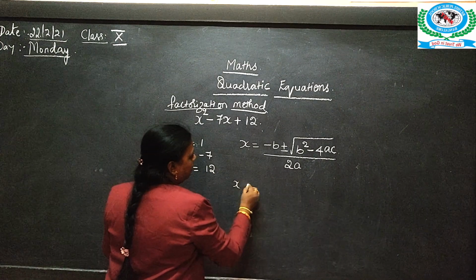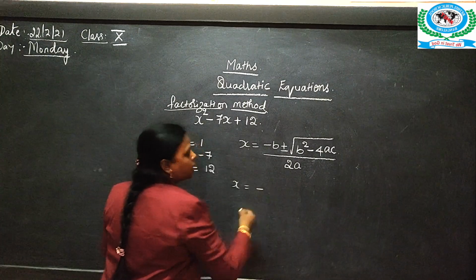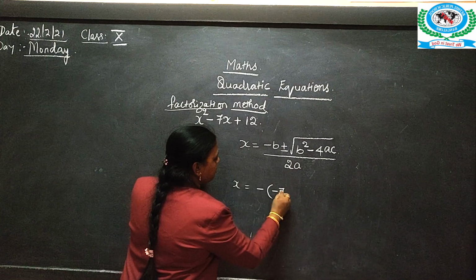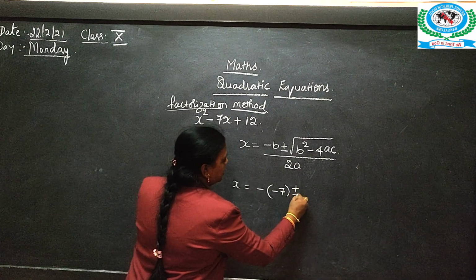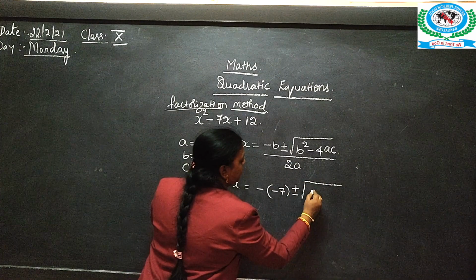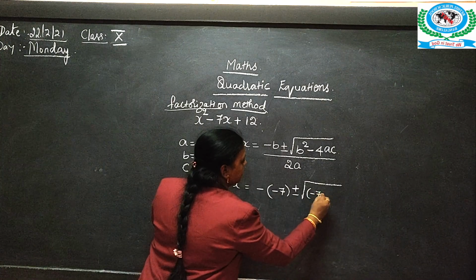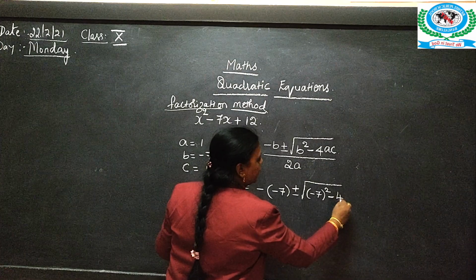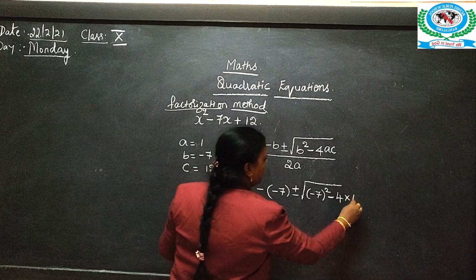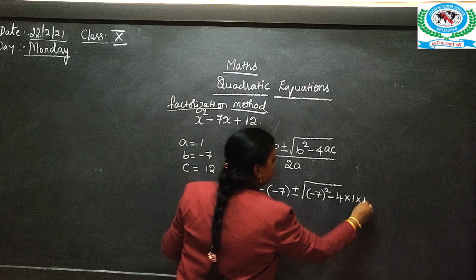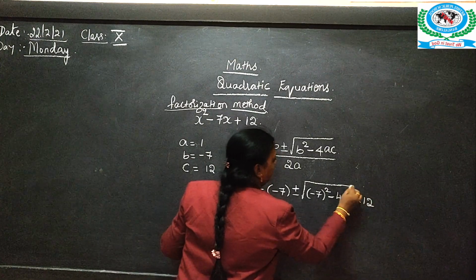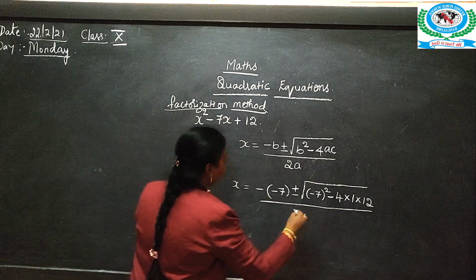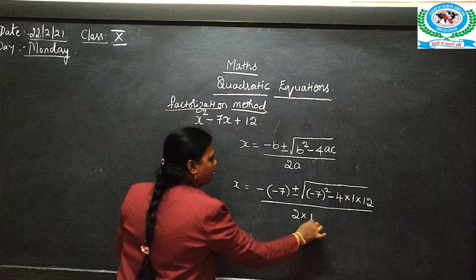So x will be equal to minus, which is in the formula, b value is minus 7, plus or minus square root of minus 7 the whole square minus 4 into a value is 1 and c value is 12, divided by 2 into a value is 1.